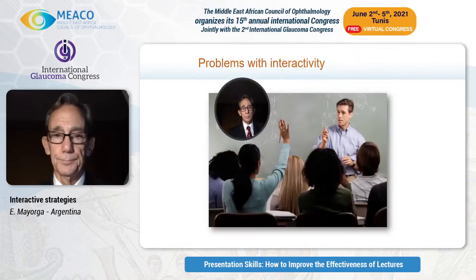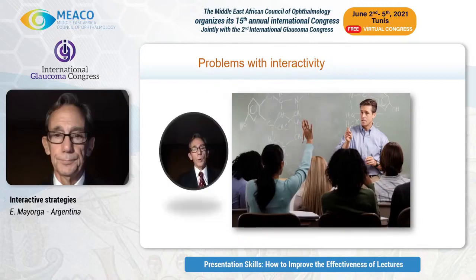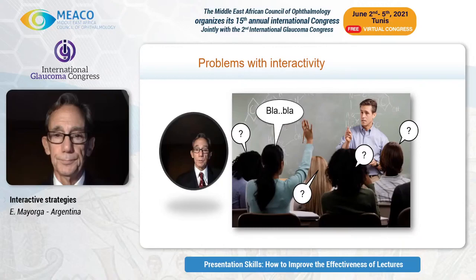Interactivity is usually obtained through questions the teachers ask the students to respond. With large audiences, you can only have it with a very small portion of the audience. When working with your residents in small groups, interactivity can be maintained, but once you have asked an open-ended question and one resident answers, you will never know if the rest of the residents had the answer in mind.